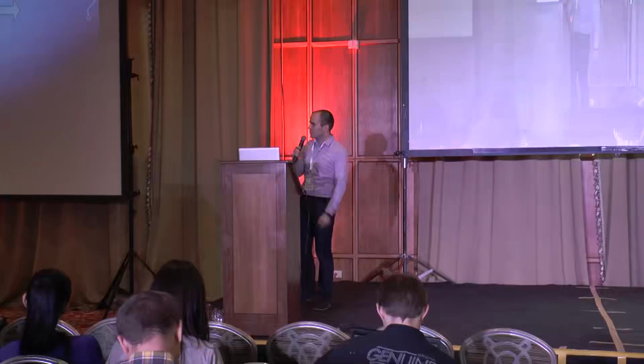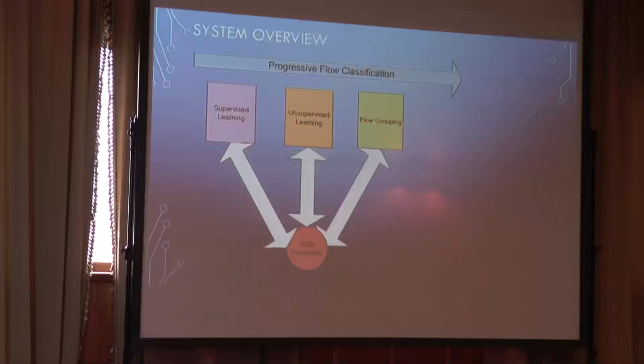Okay, the third thing we can do after we have types associated with each flow is look for flow grouping, which flows go together in the network. For example, if you're looking at the YouTube page, you'll first have a DNS flow for obtaining the address of the YouTube server. Then you have an HTTP flow, and finally, when the user clicks the play button, you'll have a video flow.